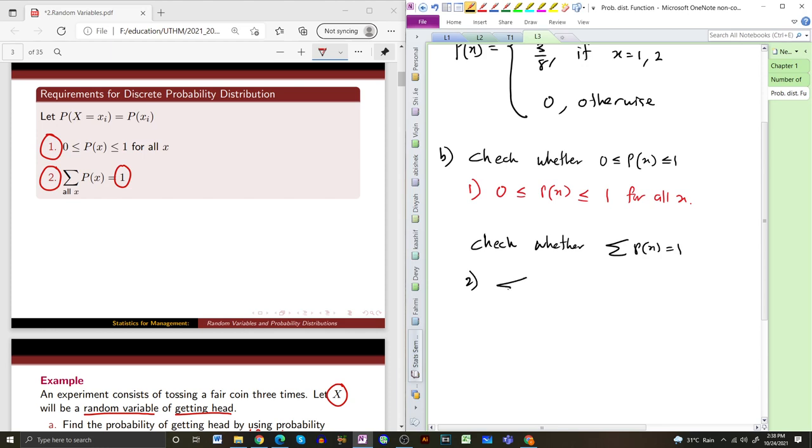So the summation of x from 0 to 3, P(x), must be equal to 1.